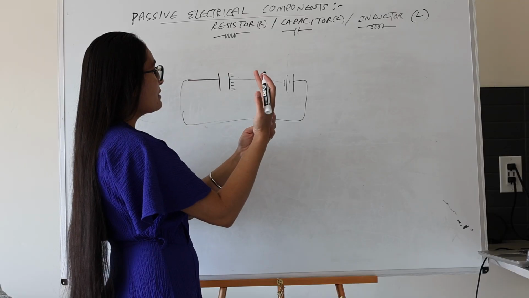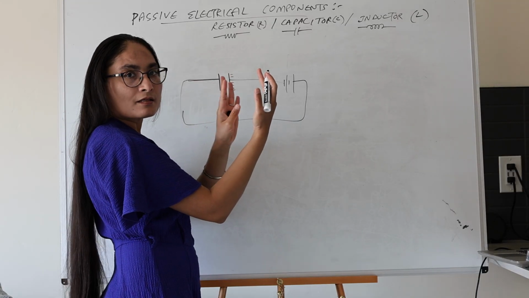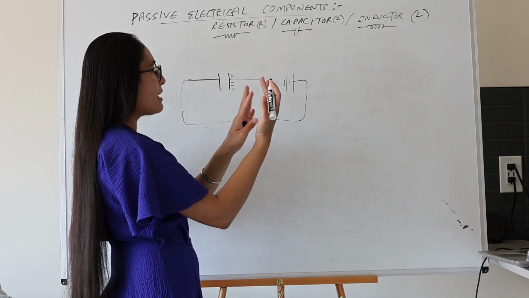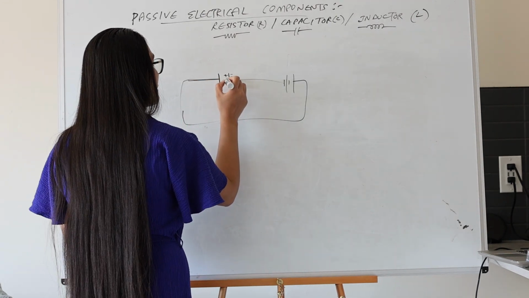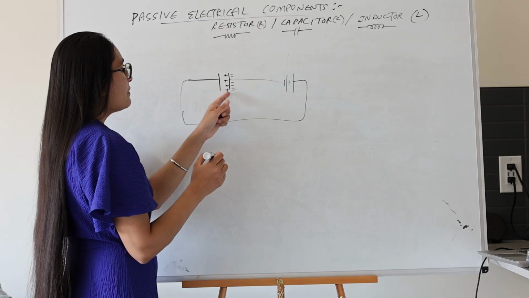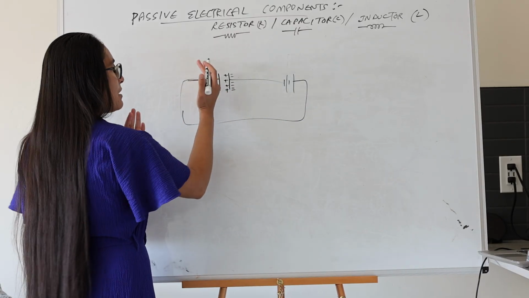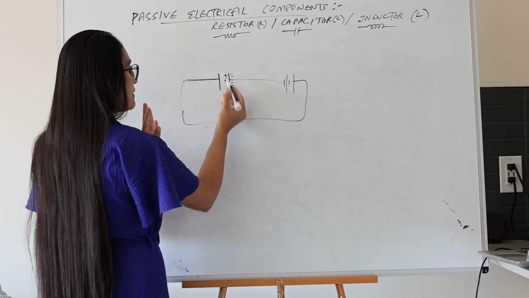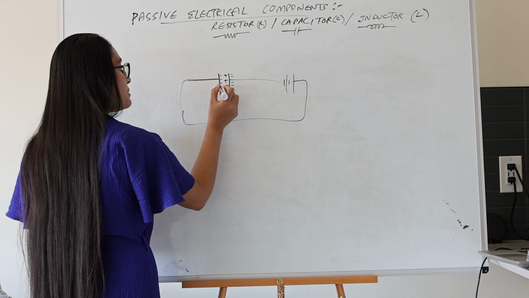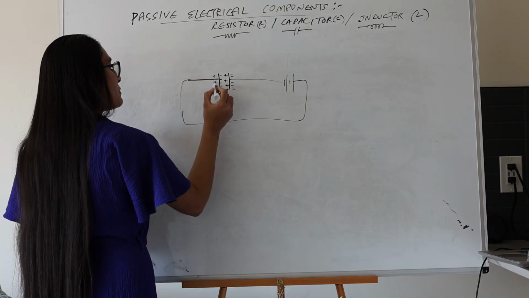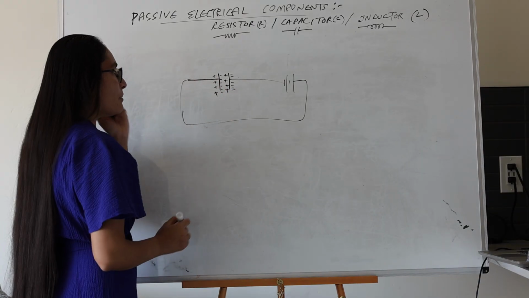As a result, the other side of the plate is going to have positive charge induced on it. And then the other plate that is facing this positive side is going to have a negative charge induced on it. The opposite is going to happen on the other side of the plate.